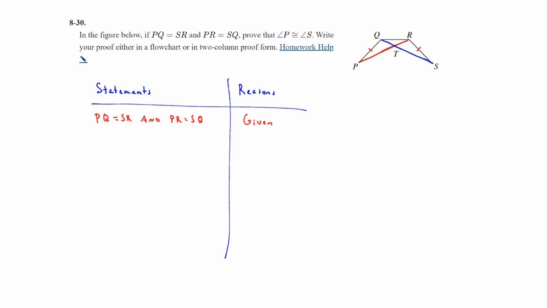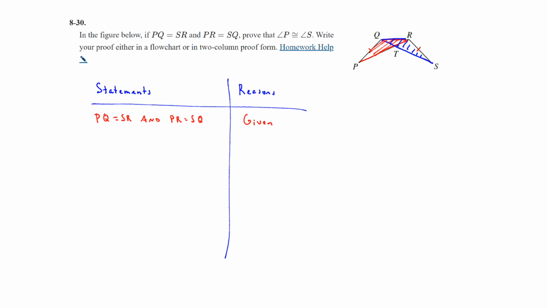I have my statement PQ is equal to SR and PR is equal to SQ as my given. I'm also going to identify that this side length QR, which matches up with this triangle right here, is equal to this line segment QR, which matches up with this triangle right here.